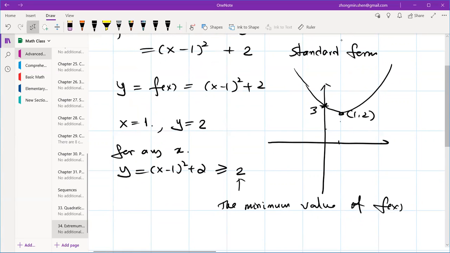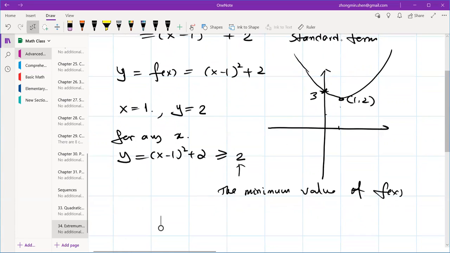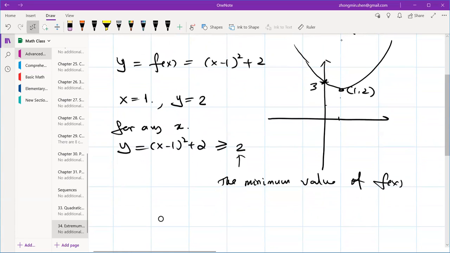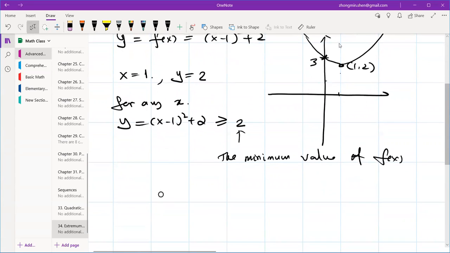So I used this example to discuss and understand the graph and the minimum value, maximum value, okay? If the graph opens upward, then clearly there's a lowest point that gives you the minimum value of the function. So now let's look at the next problem, okay?